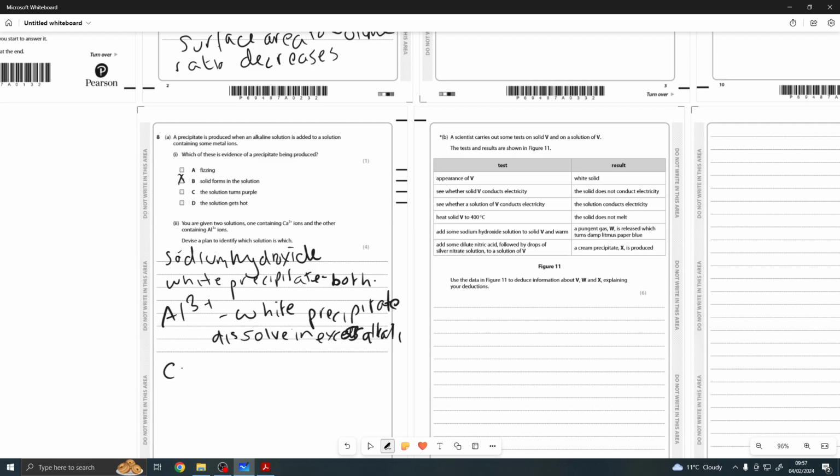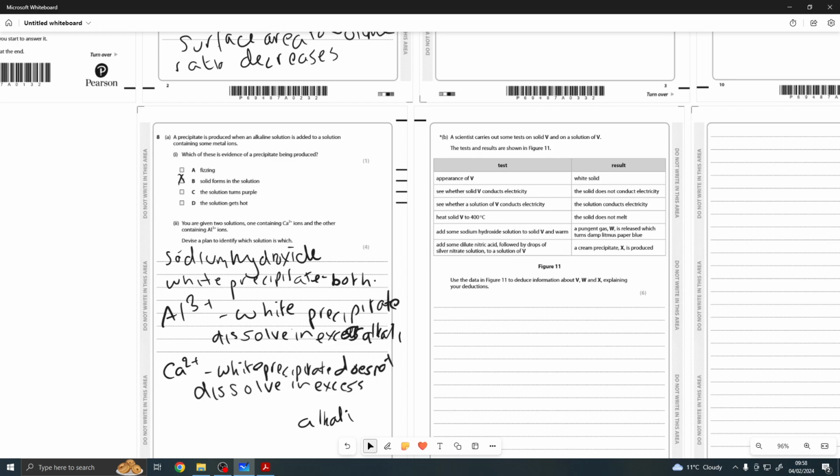However, for the Ca2+ ions, the white precipitate does not dissolve in excess alkali.